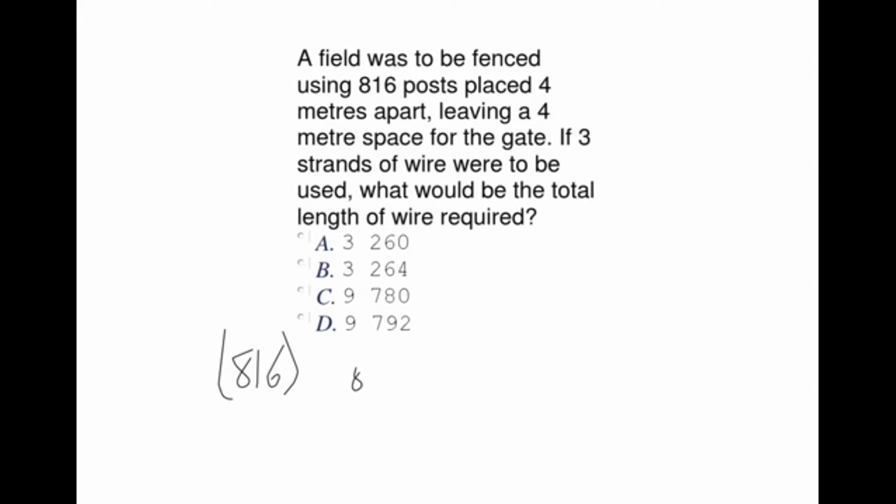For us to know the perimeter, we'll say 816 minus 1, then we multiply it by 4 meters. So the spaces will be 815 spaces, and each space is 4 meters.